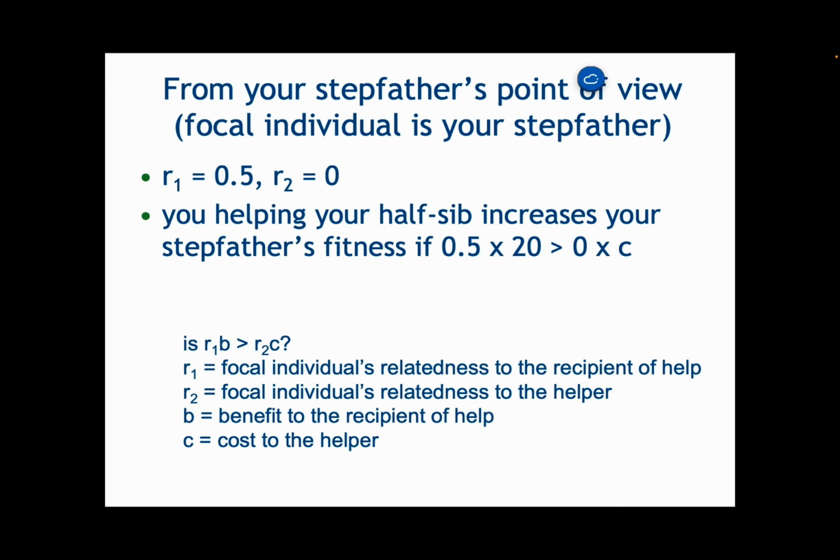And so if we plug in these, then you can see that the way to isolate C is to divide both sides by 0. So even an infinite cost to yourself would be worth it. Any cost to you is acceptable from his perspective, would increase his fitness if it provides this benefit to his relative.